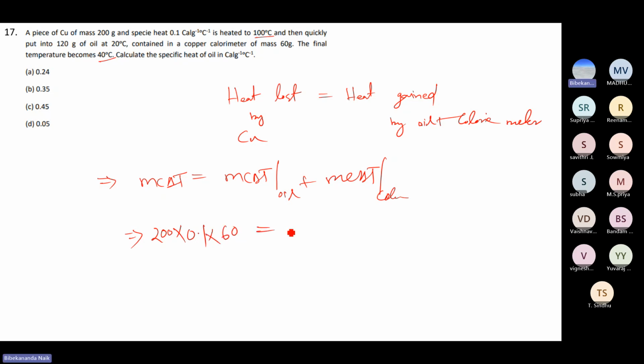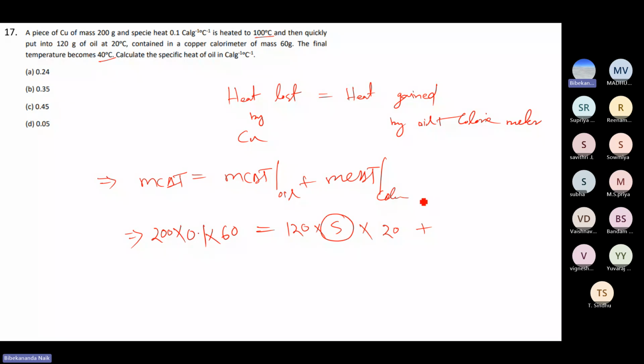So this is the heat lost, and then the heat gained. Heat gained for oil will be 120 gram of oil into the specific heat of the oil, which is unknown. Suppose this quantity is S, which we want to calculate, and the temperature difference is 20, because the initial temperature is 20 and the final temperature is 40, so it is 40 minus 20, that is 20, plus the heat gained by the calorimeter also.